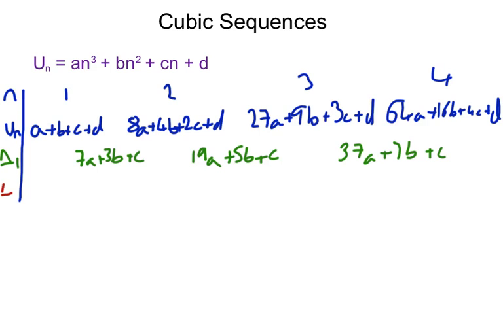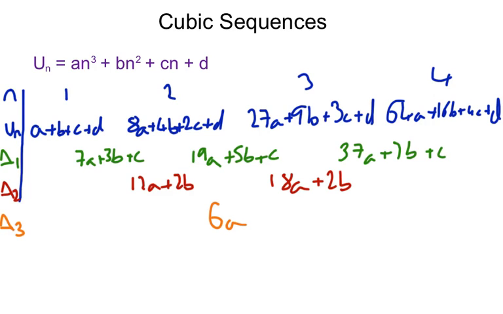Now we consider the second differences, so the differences of the differences. From 7a to 19a, we have 12a. 3b to 5b, we have plus 2b. And the c's cancel out. From 19a to 37a, we have 18a's and then 2b's. And finally, the third differences: we have 12a to 18a is 6a, and the b's cancel.